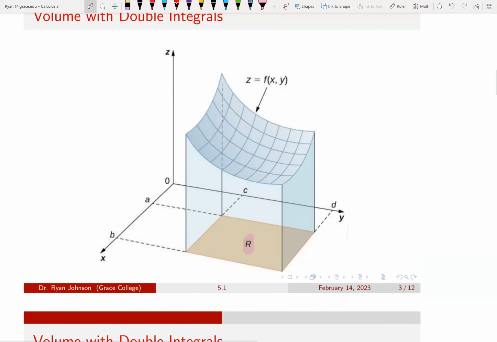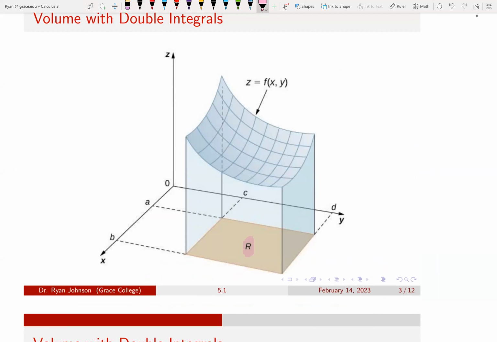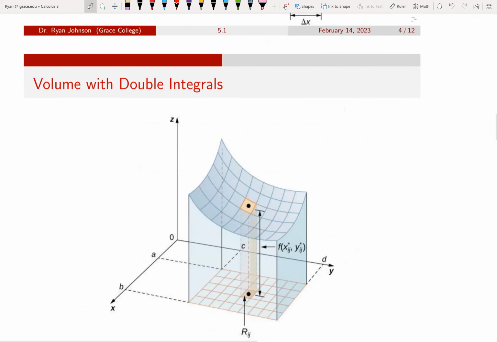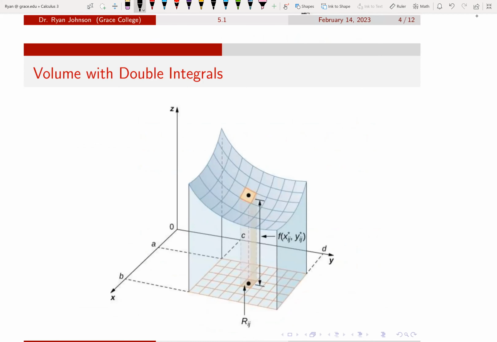If you imagine this function right here, and you pick a point for each little square, then you would have this grid with x_i, y_j, and you pick some point. You might want to pick the center point, the upper left, upper right, whatever you want. Then you find the height of these little towers to be whatever your representative point is.